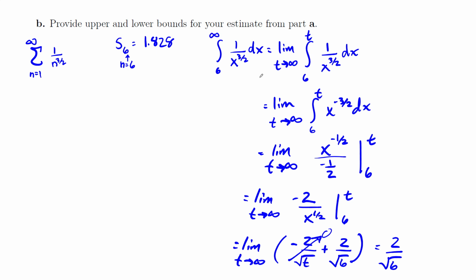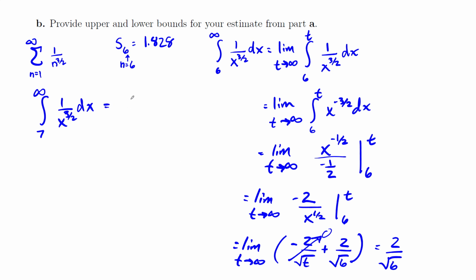Now that was just the upper estimate for our remainder, right? The lower estimate is the integral from 7 to infinity. But luckily, if we just take a careful look at what we just did, the only place the 6 came into play ultimately is in the denominator of our answer.